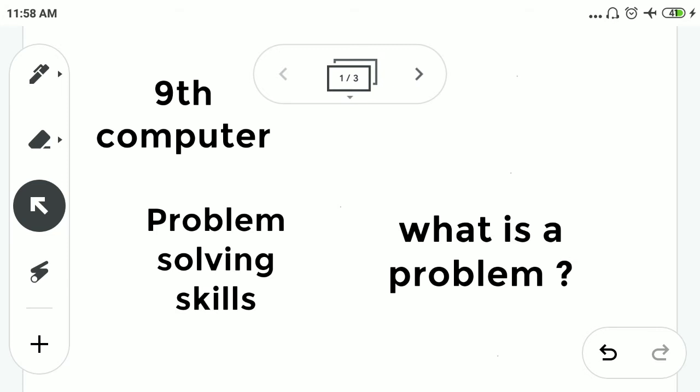So, what is a problem? Any kind of issue that arises in any part of life, so that it will not give a regular result, or regular flow of data. Let's take a small example.